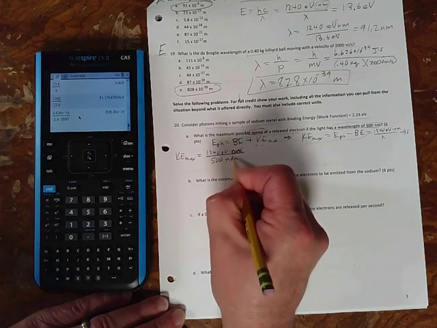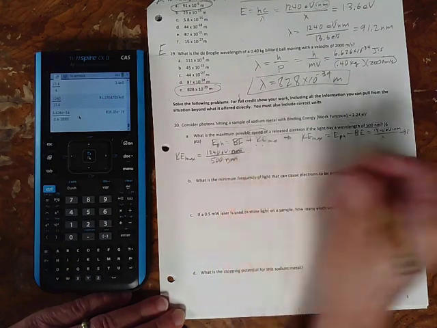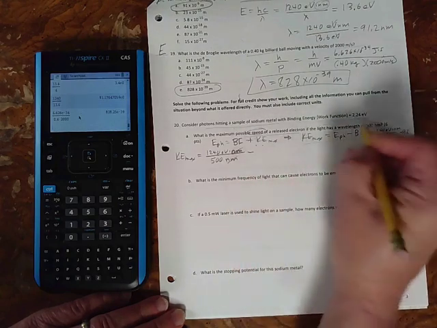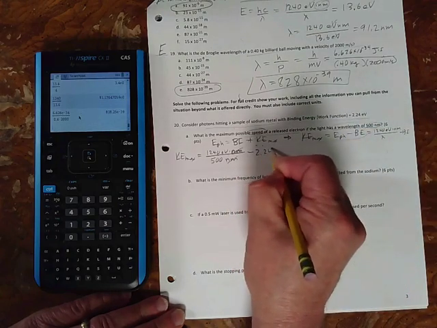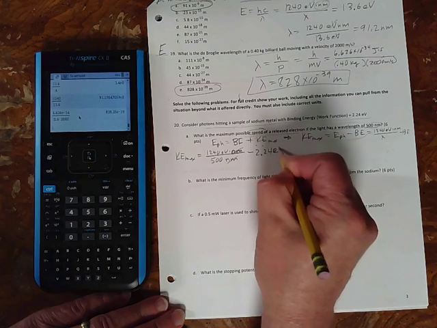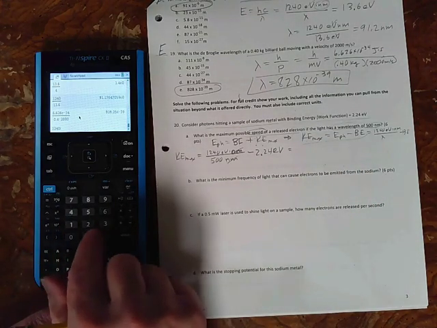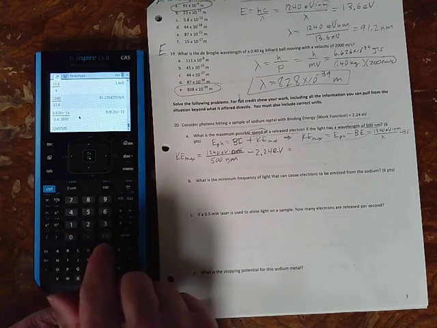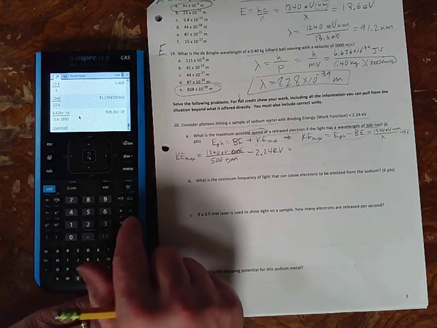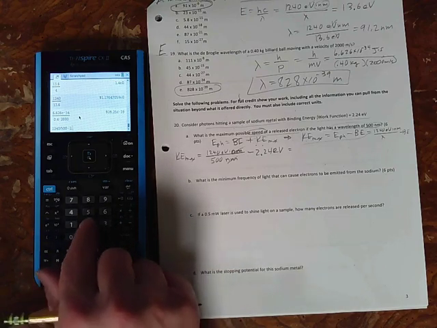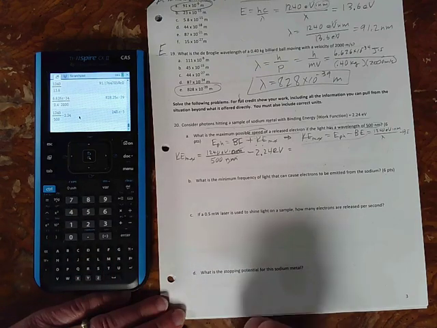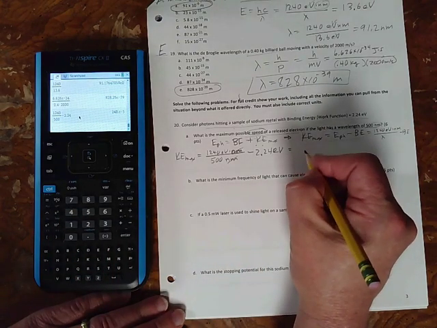The nanometers are going to cancel. We're going to get eV, but then we have to subtract off the binding energy. This is 2.24 eV. So 1240 divided by 500, and then subtract off 2.24, and we get 0.24.